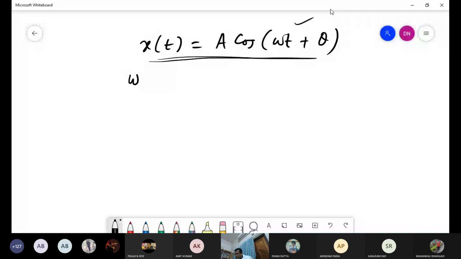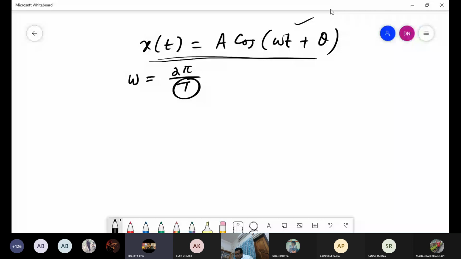So if omega is equal to 2 pi by T, and the value of capital T is known to you, that means this is the time period. So after every capital T, the signal will repeat. Isn't it? Okay.